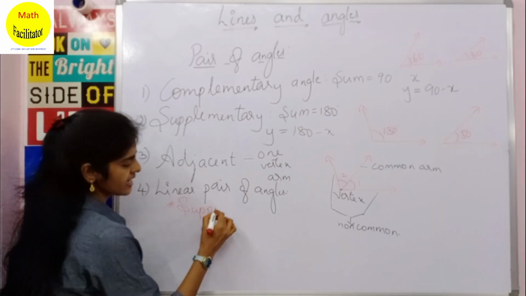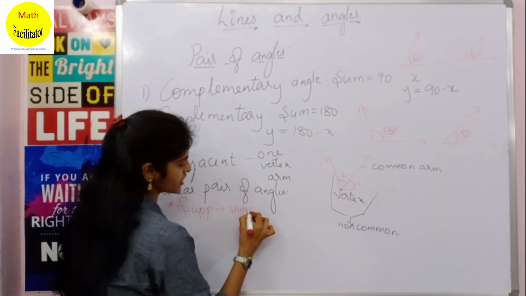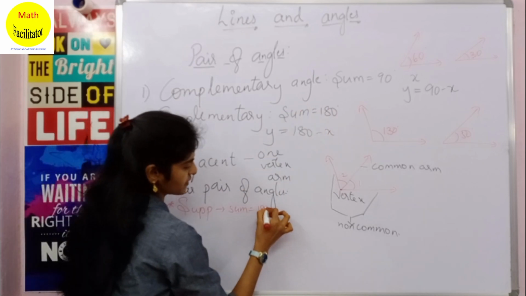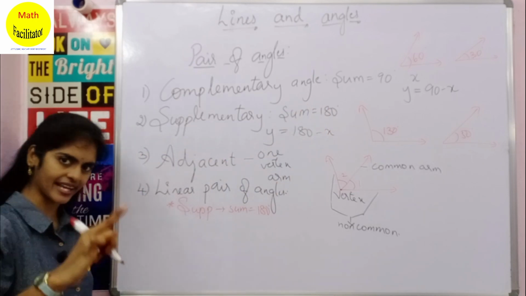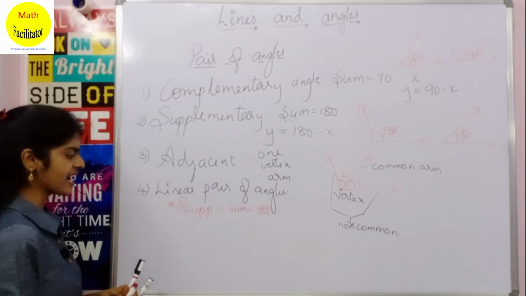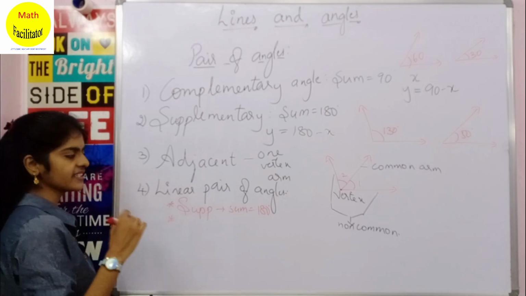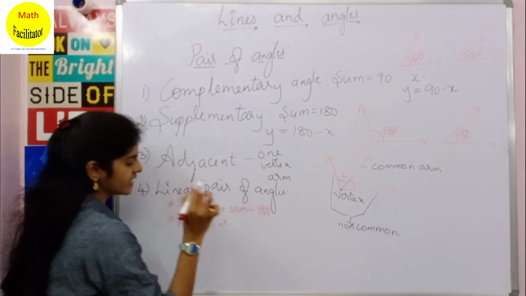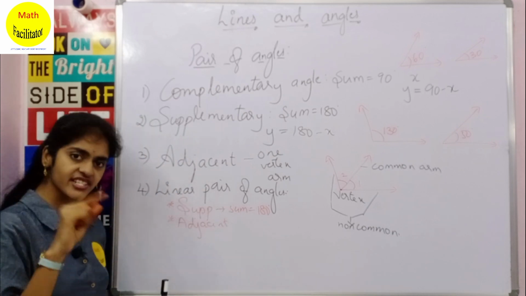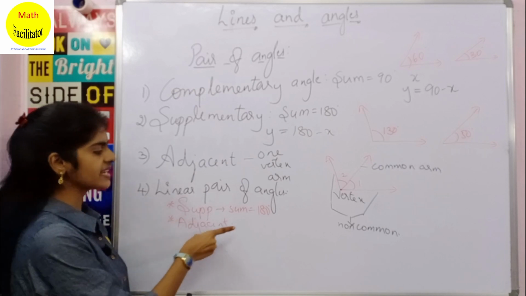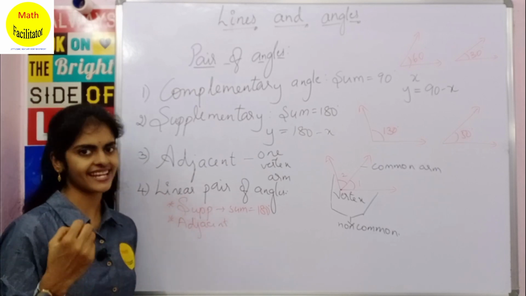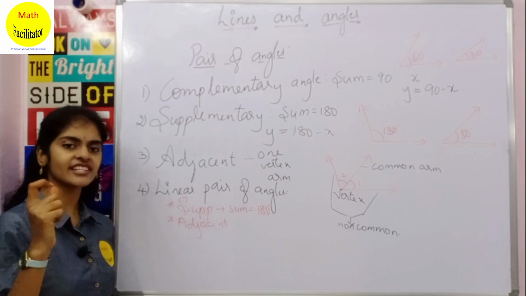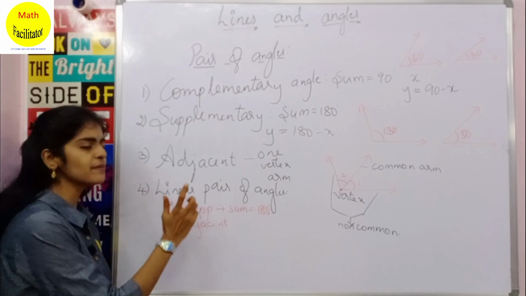That means the sum of the two angles should be 180. The other condition is that the angles should be adjacent. So linear pair of angles are adjacent angles whose sum is 180 degrees, or you can also say linear pair of angles are adjacent angles which are supplementary.